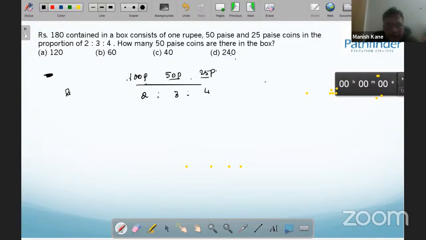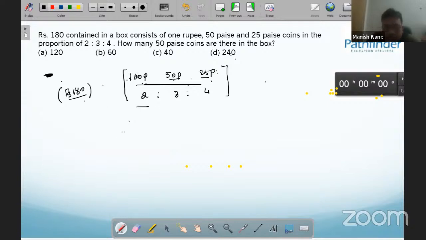And you have a total of 180 rupees. Now, the first thing you need to identify is which ratio will you apply? Is it 2:3:4 for 180, or is it 100:50:25? So mind you, 100, 50 and 25 are values of one coin, whereas 180 is the total sum.